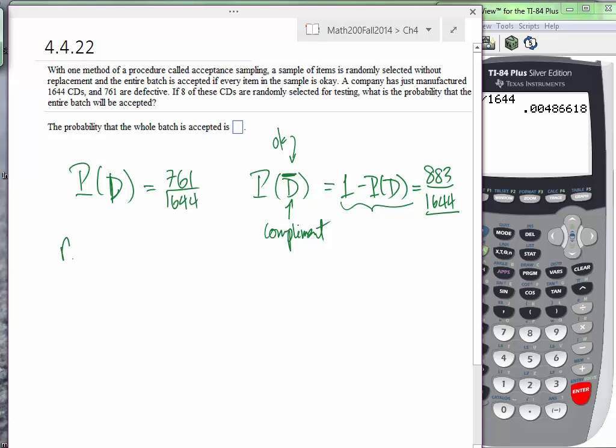So we'll make a note that 8 divided by 1644 is less than 5%. So we can treat this as if we're getting 8 CDs with replacement.